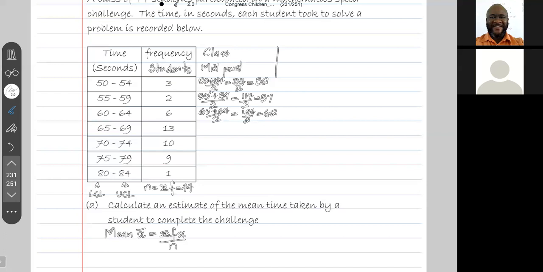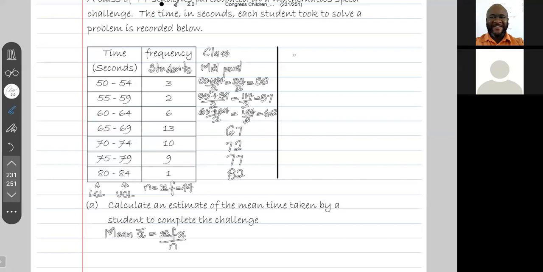By the third one, you don't need to repeat this calculation, because you should observe that the class midpoint is going up by a fixed number. In this case, the fixed number is 5. So the next one is 67, and then 72, then 77, and then 82. Those are my class midpoint values.